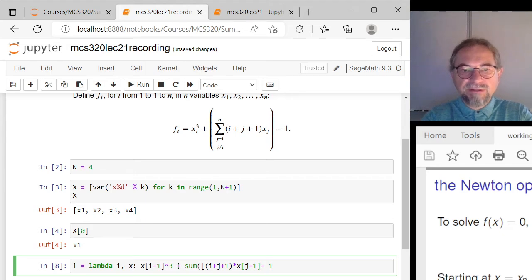So I have the sum that I want to make for j in the range 1 to the length of n.